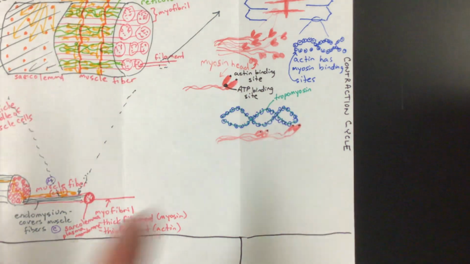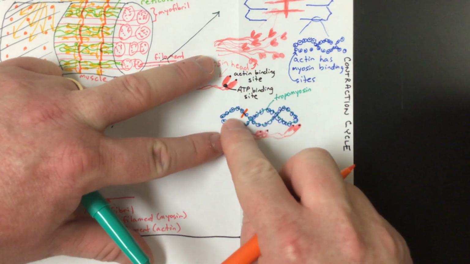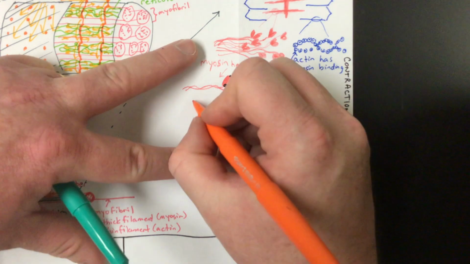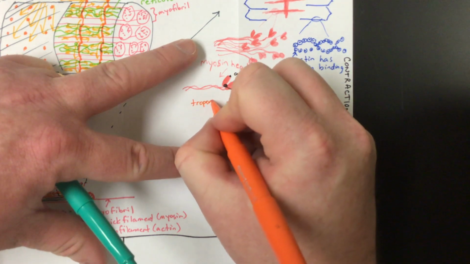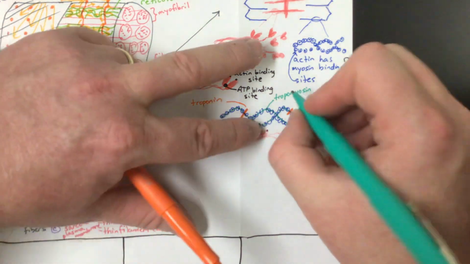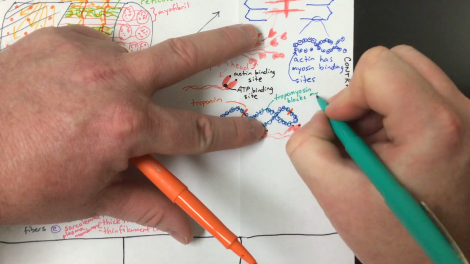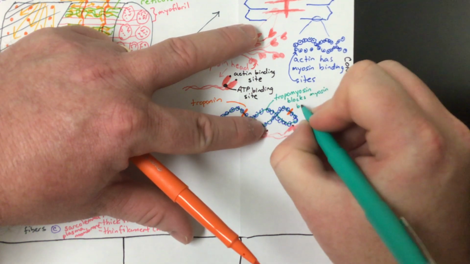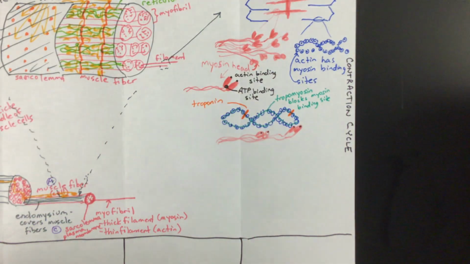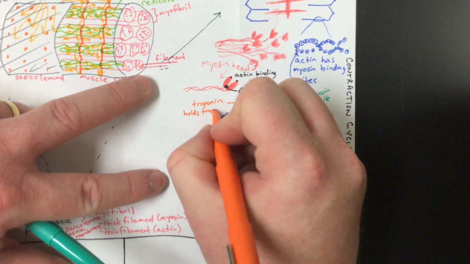And what keeps the tropomyosin in place is another protein that I'm going to draw in orange over here. And that protein is called troponin. So tropomyosin blocks myosin binding sites, and troponin holds tropomyosin.